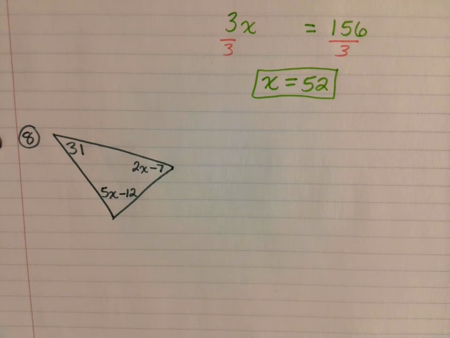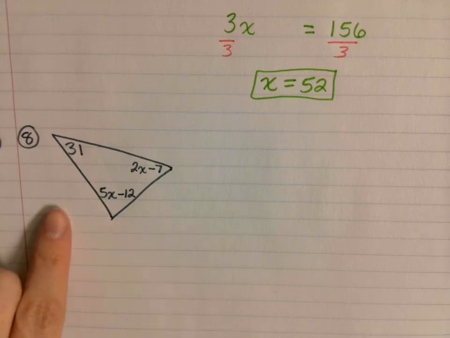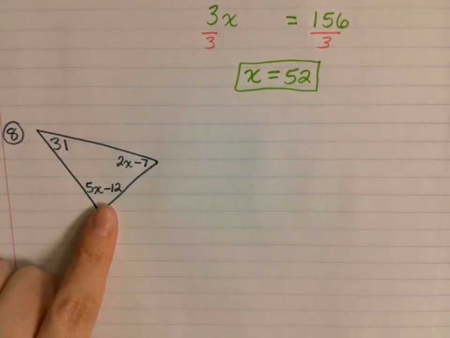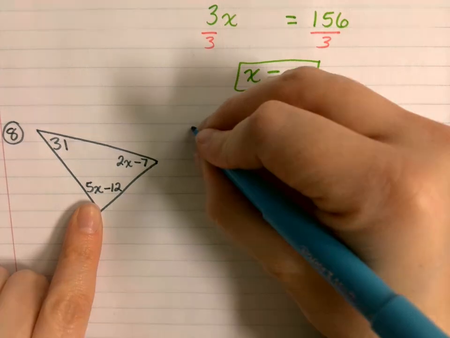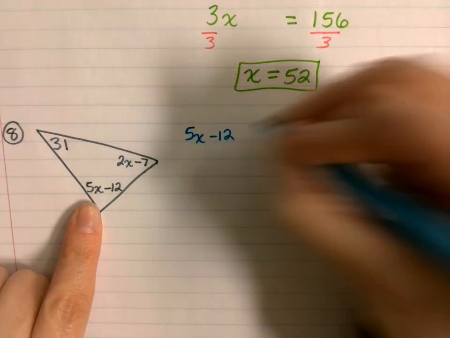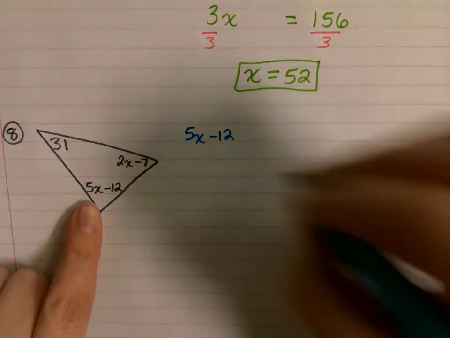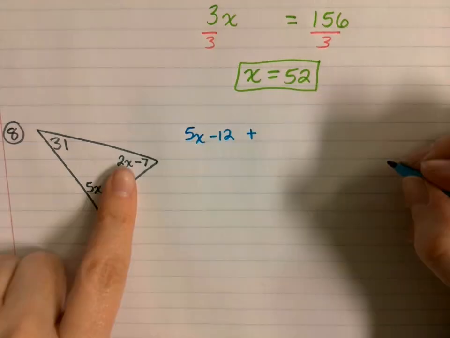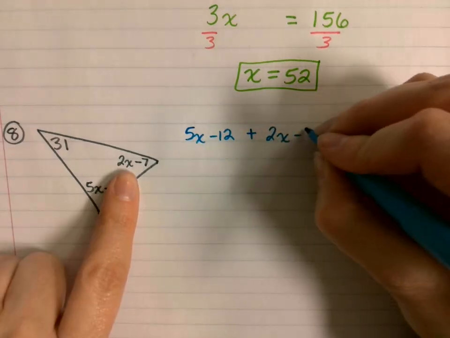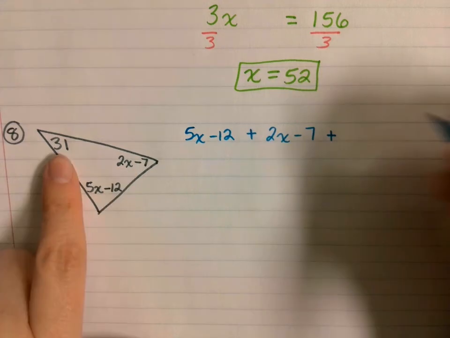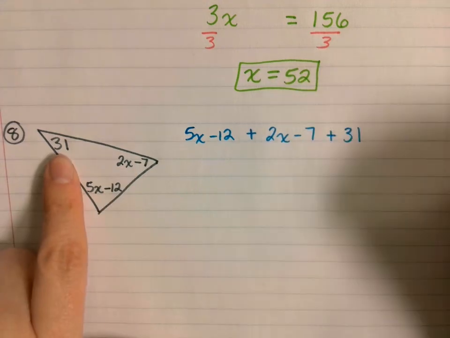All right, let's take a look at how to set this up. Again, you're just going to focus on setting them up as each individual angle. So we have 5x minus 12, that's the first angle, plus our second angle, which is 2x minus 7, plus our third angle, which is 31, and we're setting it equal to 180.